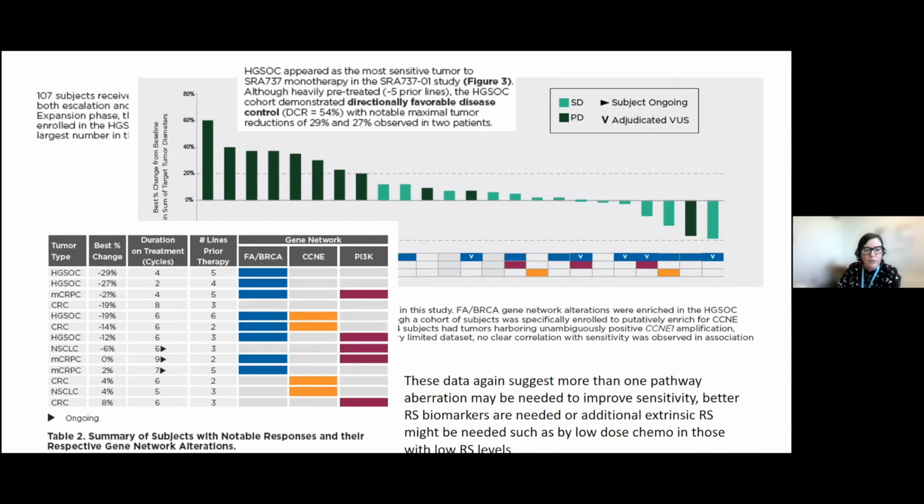And it also suggests that maybe in those patients that didn't respond so well, you need to improve sensitivity by adding additional extrinsic replicative stress, which you could potentially do with low-dose chemotherapy. And so this study also involved a low-dose gemcitabine arm, which I'm not presenting today, and that data has also shown reasonable levels of efficacy across the tumor types.